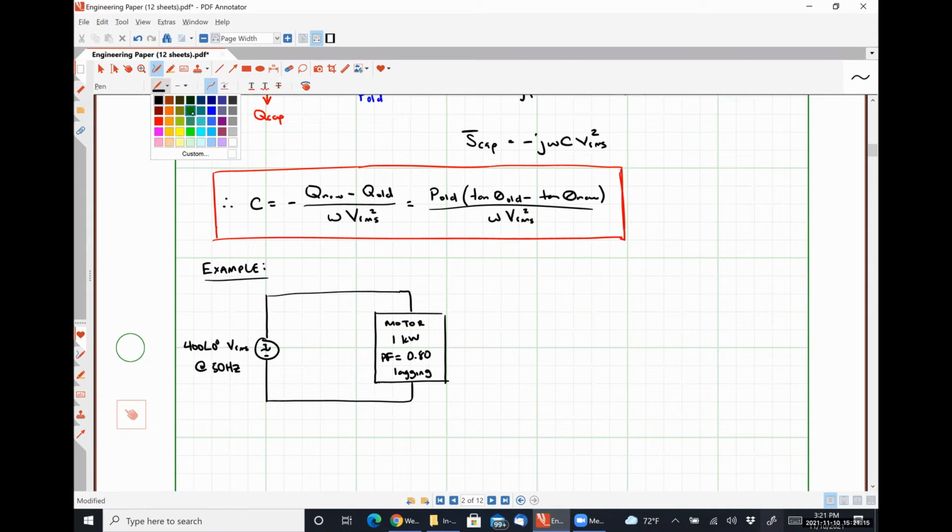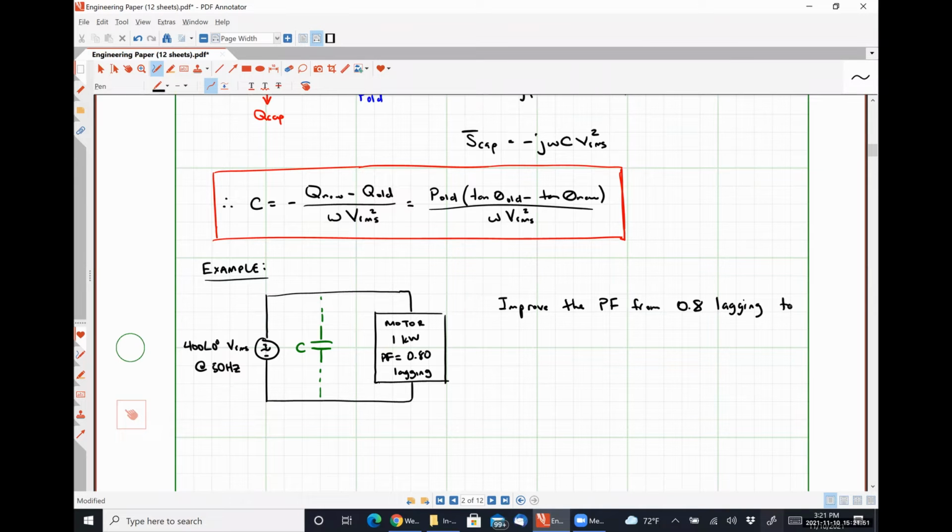And we want to know the size of C that is necessary to improve PF from 0.8 lagging. That is very important. To 0.975.